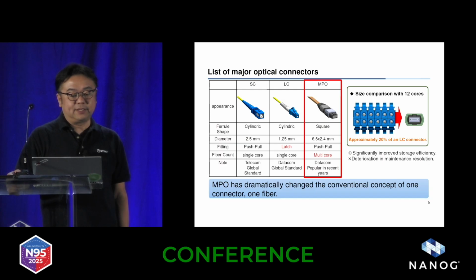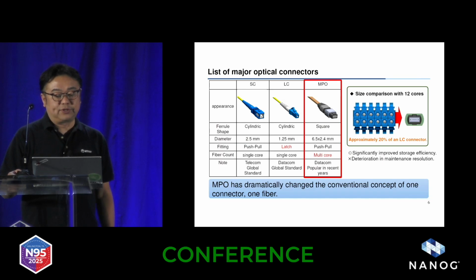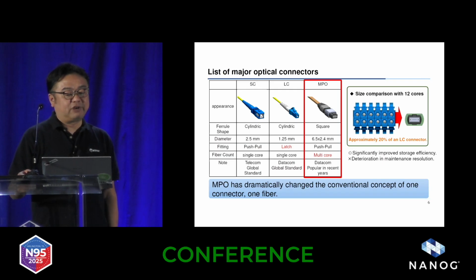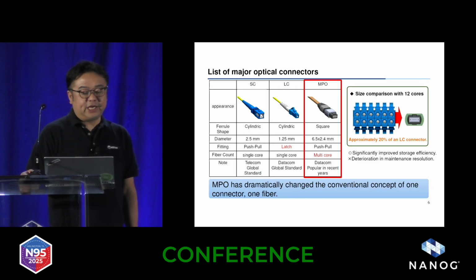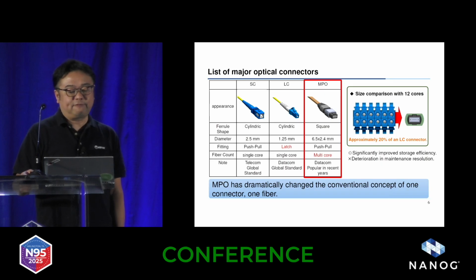The MPO connector shown on the right of the table contains multiple fibers. The diagram compares connector sizes, and the difference is clear when comparing the MPO connector with 12 fibers side by side with 12 LC connectors. However, the disadvantage is that if even one fiber fails, the other fibers will be affected when replacing it.